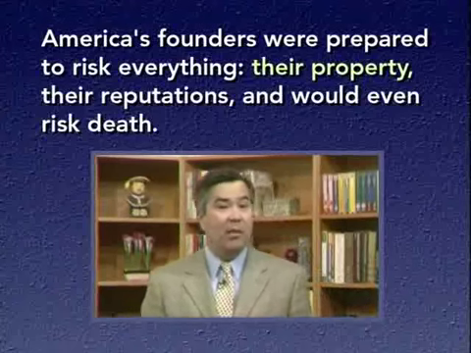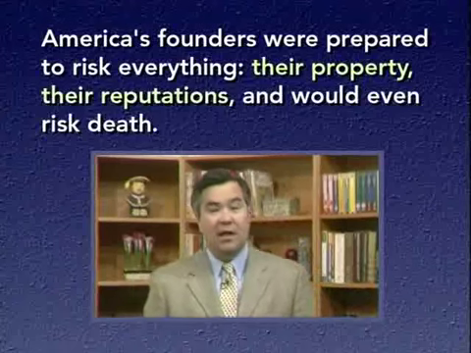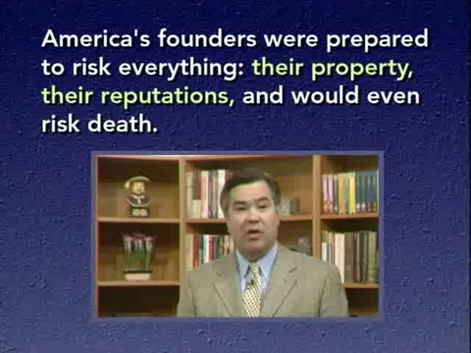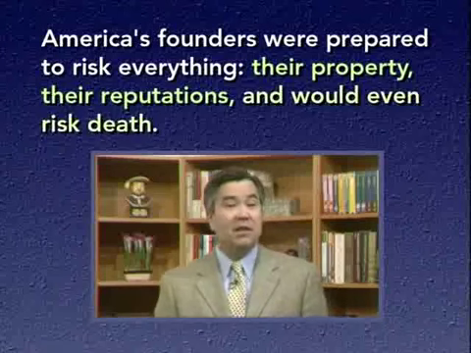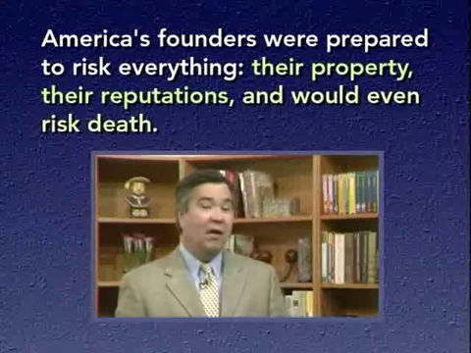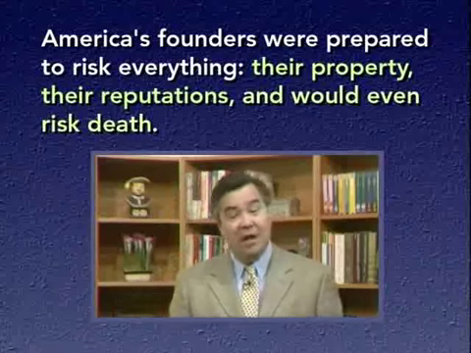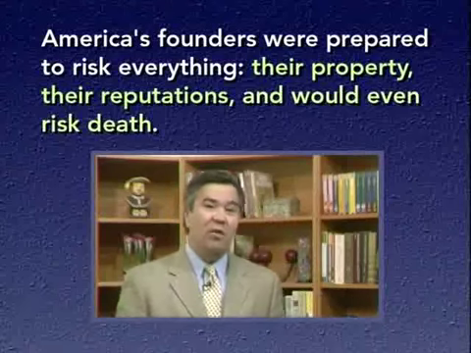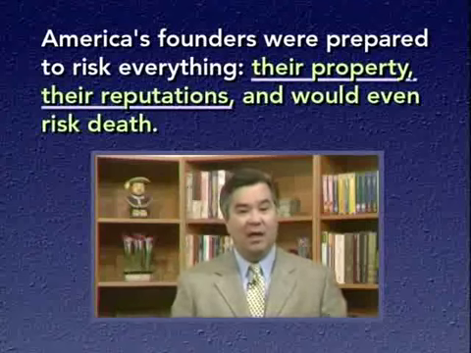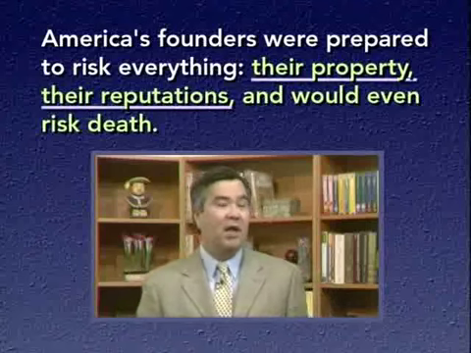Let's look at the 3 items that are listed in this sentence. First, their property. Second, their reputations. Third, and would even risk death. Now, are all 3 items written in grammatically similar form? Not really. The first 2 are written in the same grammatical form. Their property, their reputations.